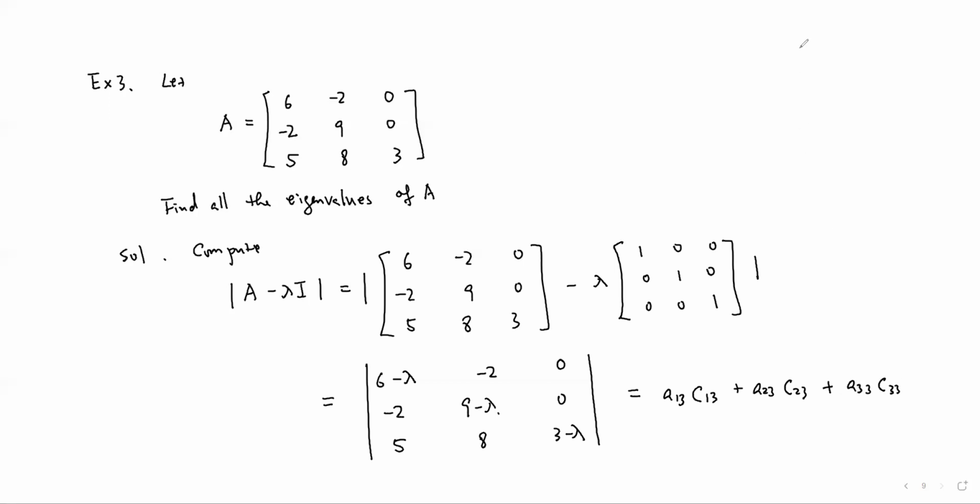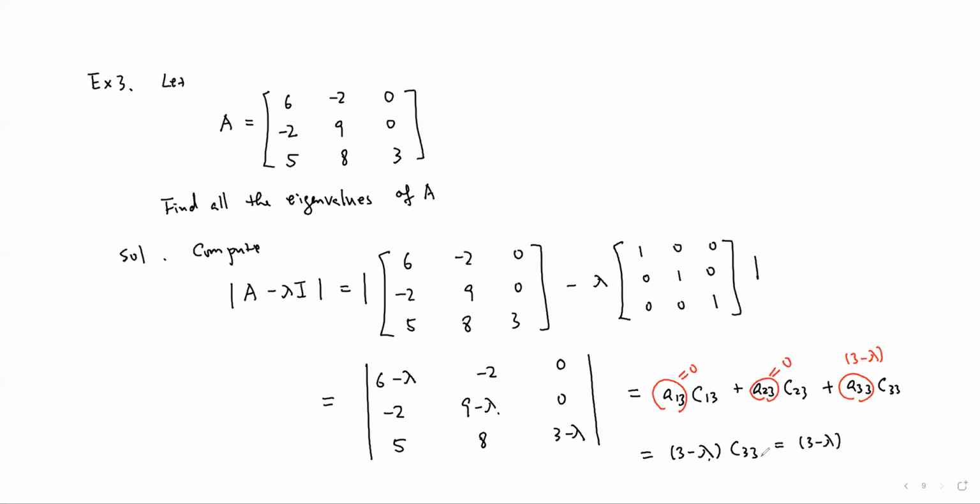Now A13 is 0. This is a 0. How about this entry? 3 minus lambda. So therefore, we have 3 minus lambda times C33.